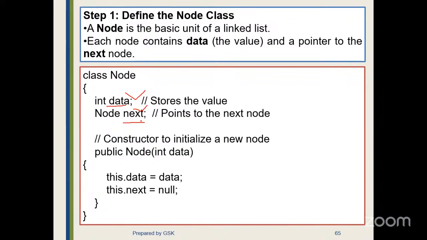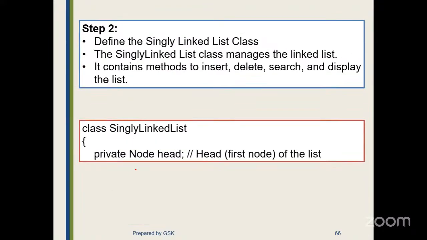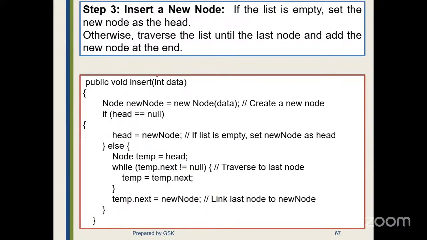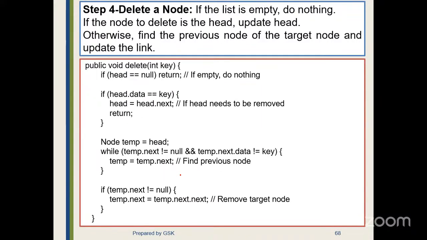Next, step two, creating the linked list with the help of the node class. Then how to insert a node? Just now we have seen in the graphical representation how to insert a new node. We need to change the two pointers. So the same code we are implementing here. Delete the node. We need to disconnect that particular target node and adjust the pointers of the previous node and next node.